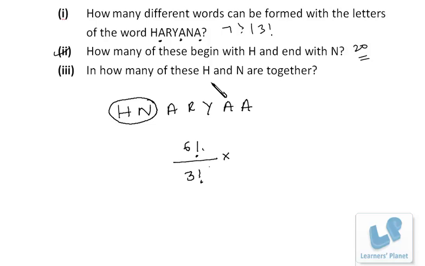Then, since we want H and N together, H and N can be rearranged among themselves in 2 factorial ways. Do not forget this 2 factorial, otherwise your answer will be wrong, right? So 6 factorial ways are there, we divide by the repetition, that is 3 factorial, then H and N can be mutually arranged in 2 factorial ways. So in all, this is the answer: 720 by 6 into 2. So your answer will be 240.